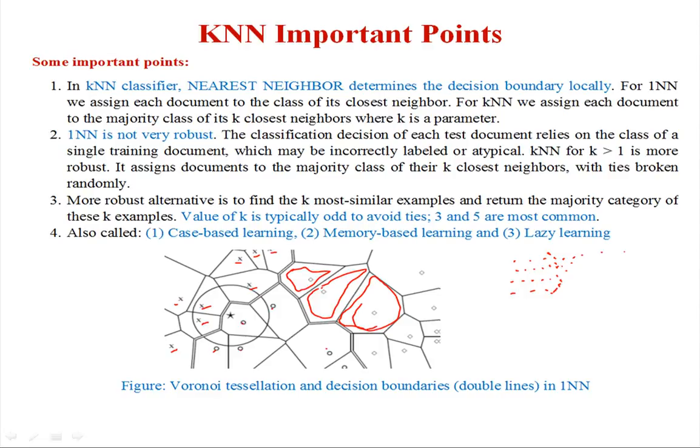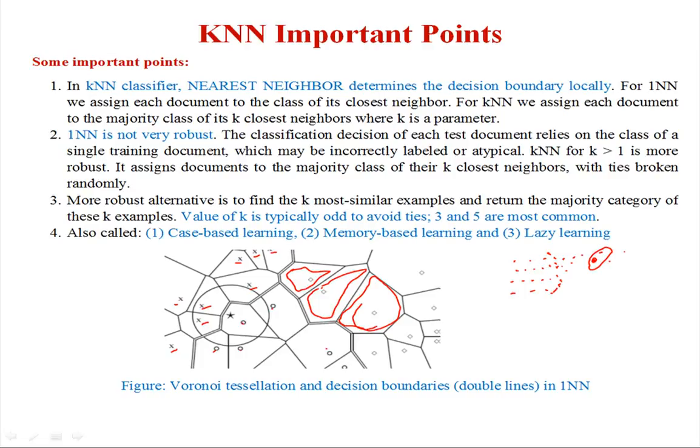Now suppose we put one point here, then based on the nearest neighbor, suppose this one is nearest to this noisy point, then we will get a wrong classification.